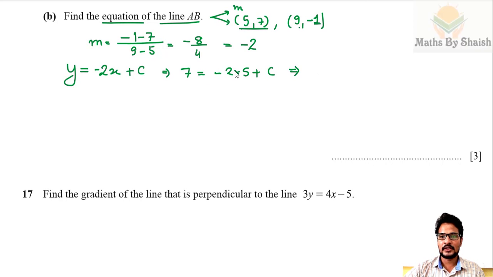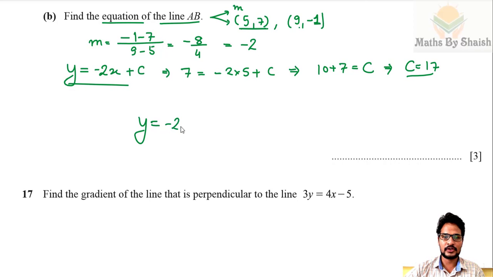And hence the 10 on the other side becomes +10, so 10 plus 7 equals c, or we get the c value as 17. And once we have this, this is going to be the equation of the line, that is y equals -2x plus 17. So we'll write our final answer here, y equals -2x plus 17.